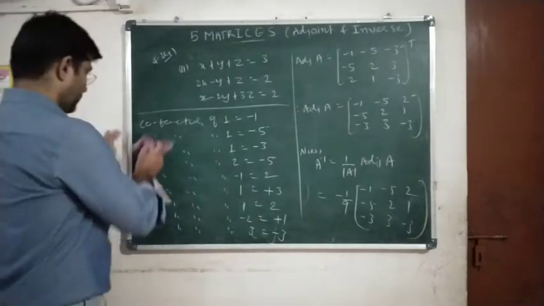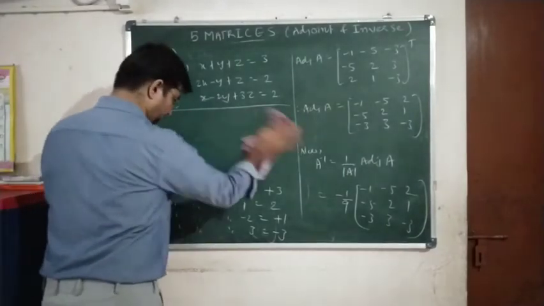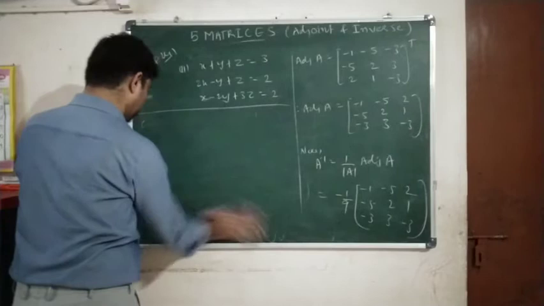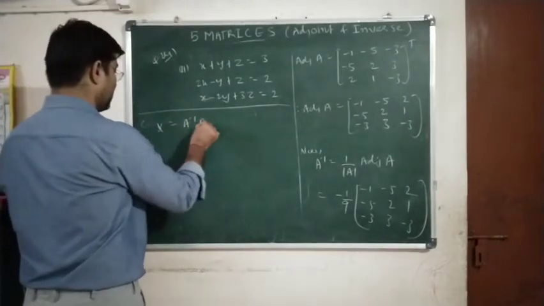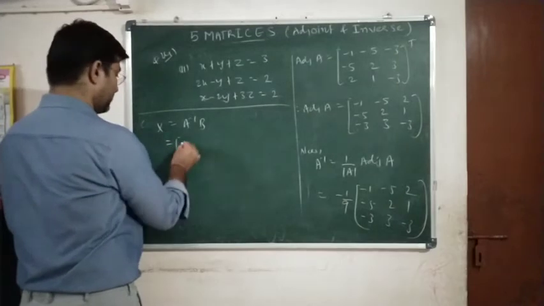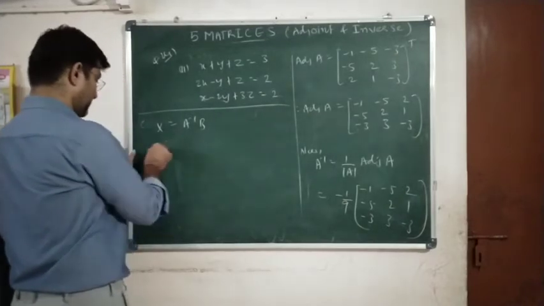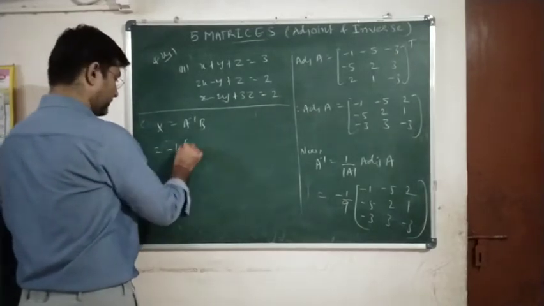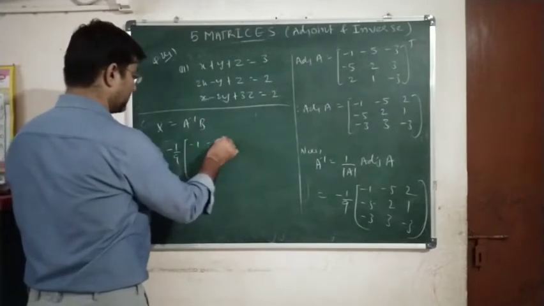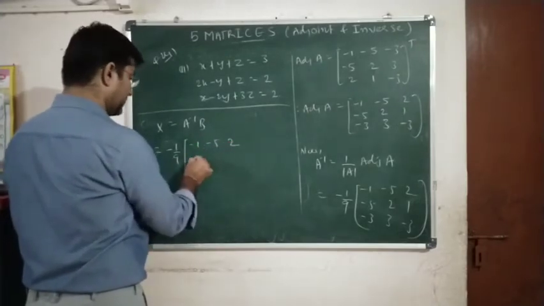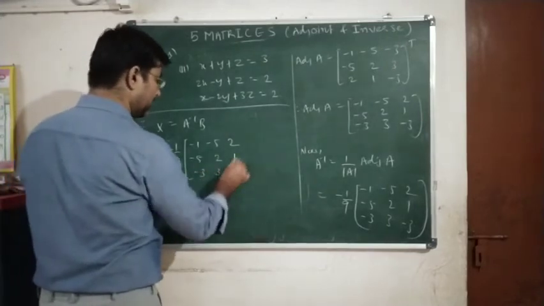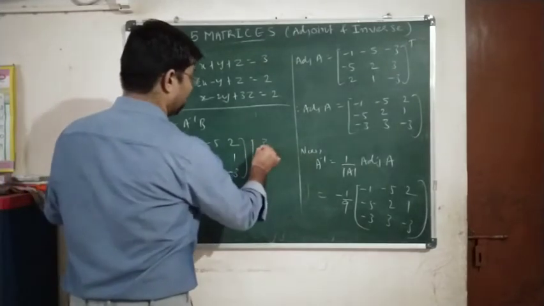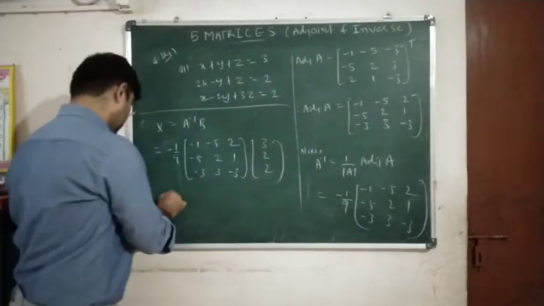Now in order to find x, we have to find A inverse B. Therefore x is equal to A inverse B, which is minus 1 upon 9 times the matrix minus 1, minus 5, 2; minus 5, 2, 1; minus 3, 3, minus 3, into 3, 2, 2.